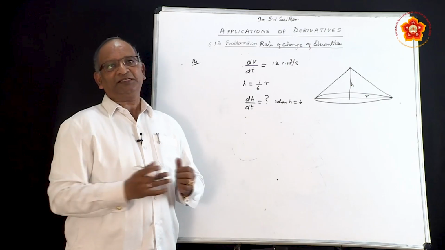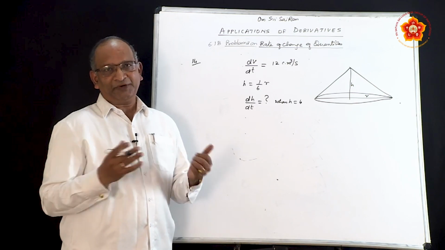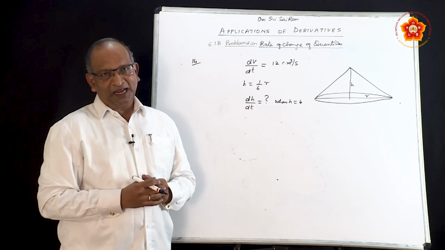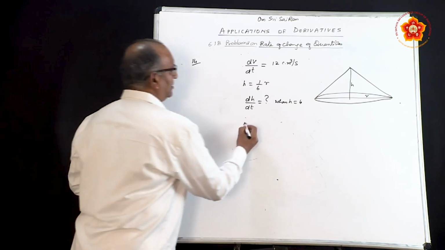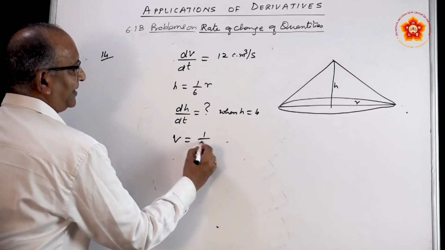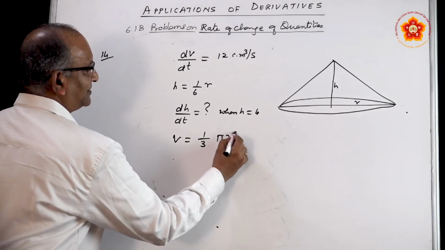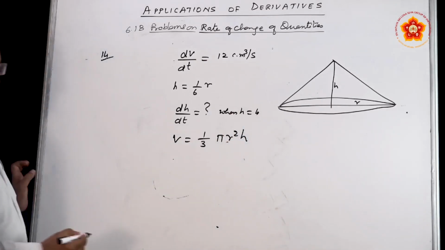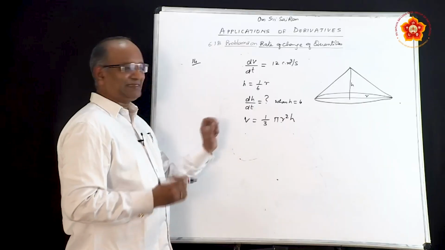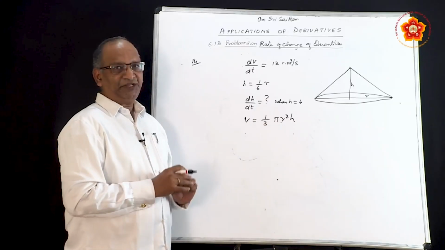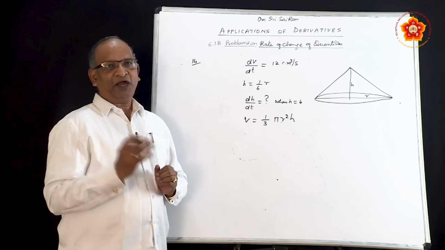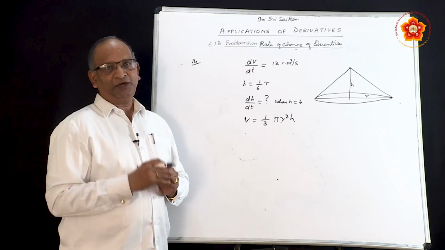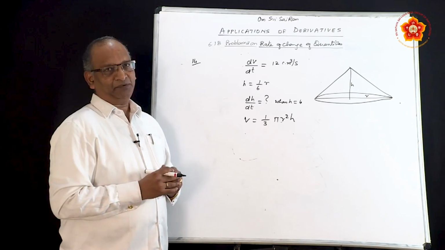In order to solve this problem, we need to recollect the formula for volume of a cone. What is the formula for volume of a cone? Volume of a cone is given by 1 by 3 pi r square h. Mind you, volume is changing, radius is changing, height is changing. There are 3 variables. We have to convert them into 2 variables, then only we will be able to find the derivative.